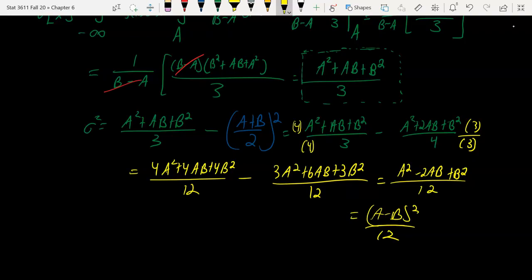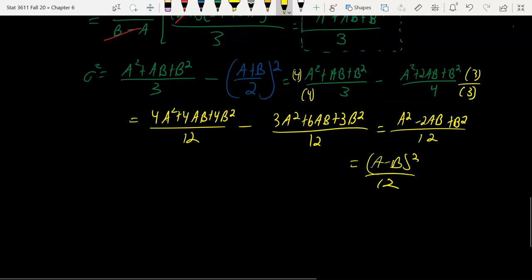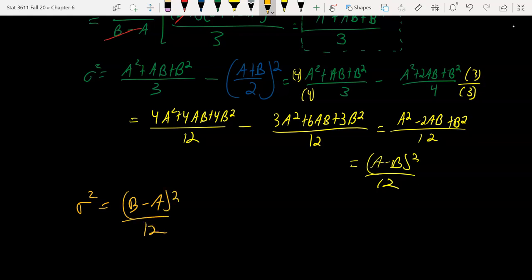What did I do wrong here? I'm slowing down because I'm pretty sure that is not the variance of a continuous uniform random variable. If I'm not mistaken, we should have gotten that the variance is equal to b minus a squared over 12.